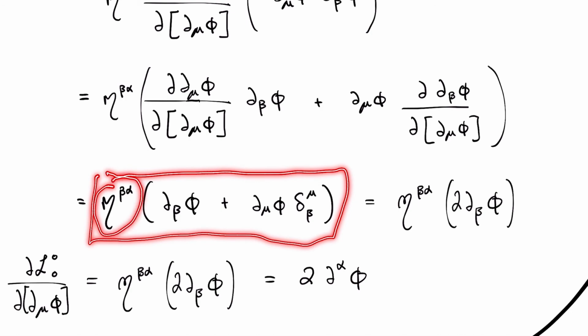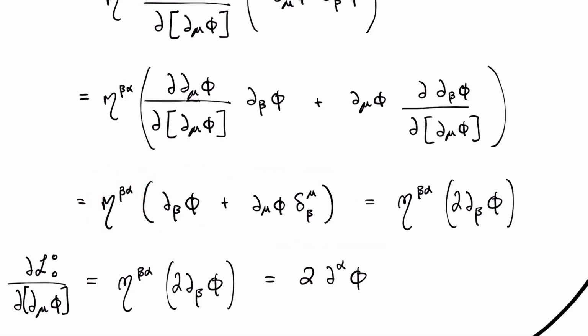Minkowski metric stays out here. If mu and b were equal, this right here would be the same as this right here, because we're contracting over indices. So we get 2 of them. So that's where this 2 comes from.